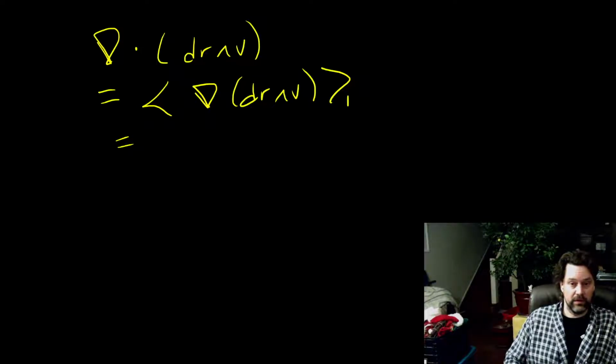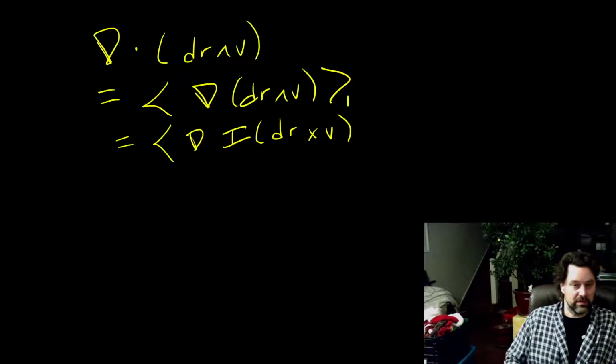And if we do that, since we're in R3, we can rewrite this as I dr cross v, vector select. And I commutes with the gradient, so we can move that to the other side.